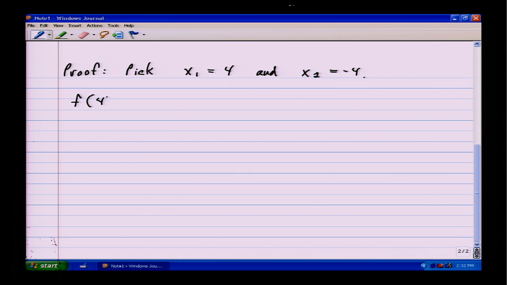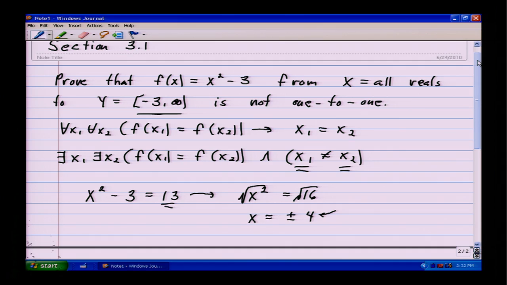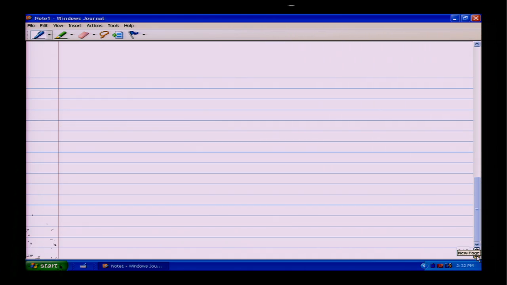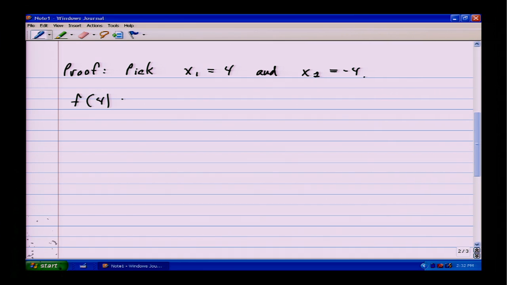And so plugging positive 4 back into the function x squared minus 3, that would be 4 squared minus 3, which is 13.